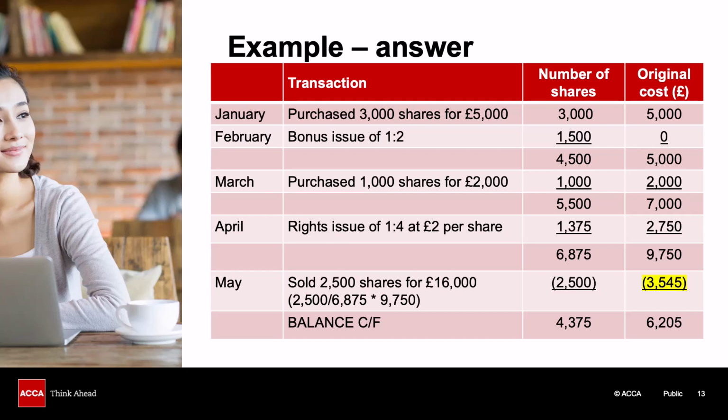That's the figure we actually want in order to do our gain or loss calculation of the disposal of the 2,500 shares. For completeness, we balance everything off at the bottom. She's still got 4,375 shares in the company with a total cost of 6,205. But it's that figure highlighted in yellow that we're interested in.